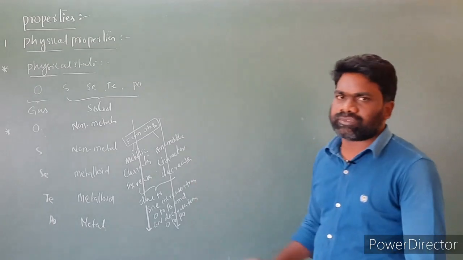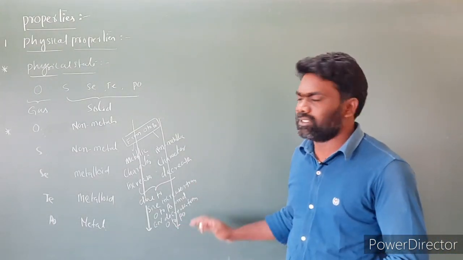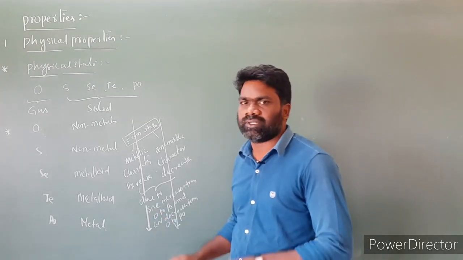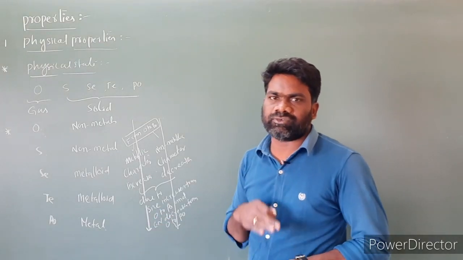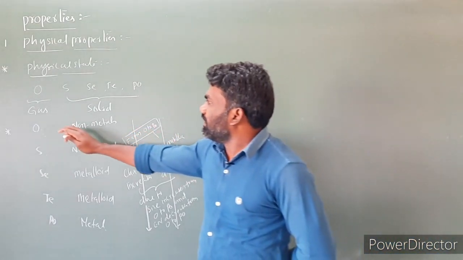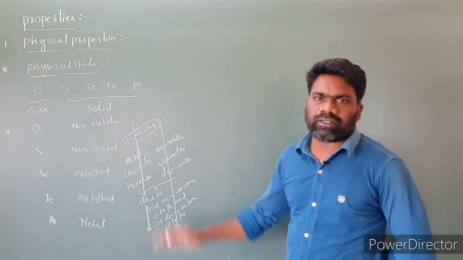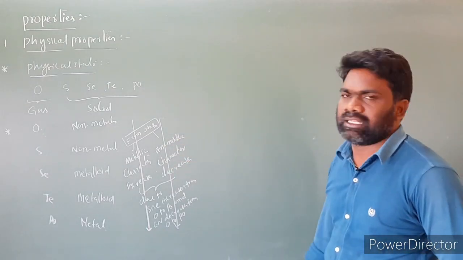So you can explain by taking size, electronegativity, or ionization energies also, because size is involved. When size increases, ionization energy decreases. So this is the metallic and non-metallic character of these group 16 elements.